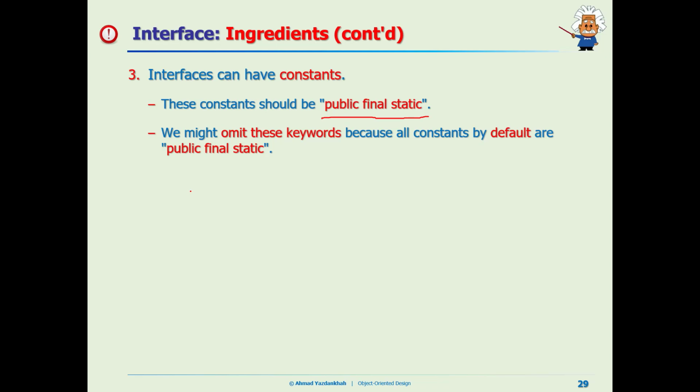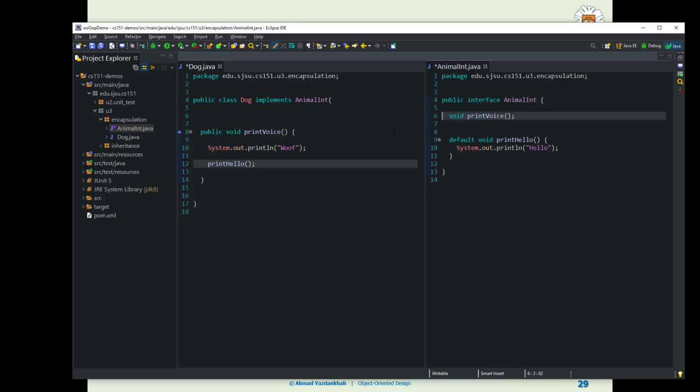Here, for example, this is our interface. So public, static, final. Just as a very quick example, there's just a name, and this is just my name. So this is a constant, and this constant can be used here, right?